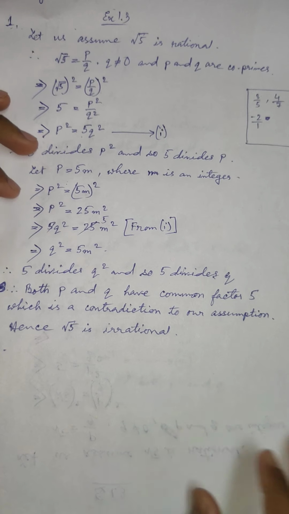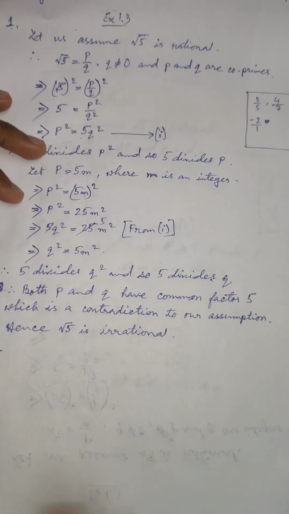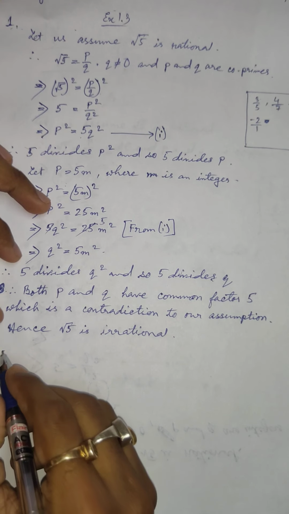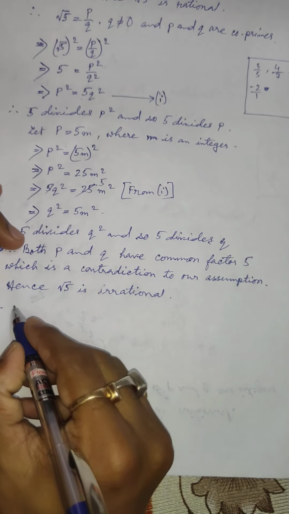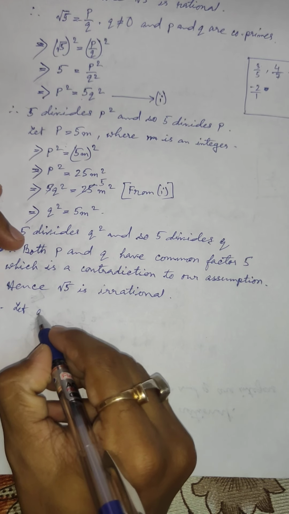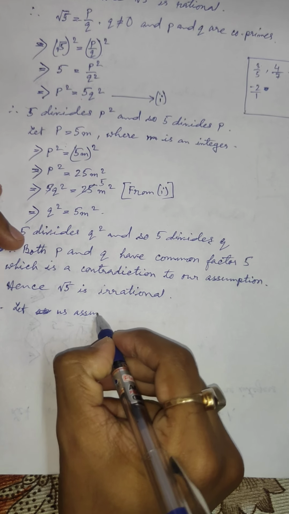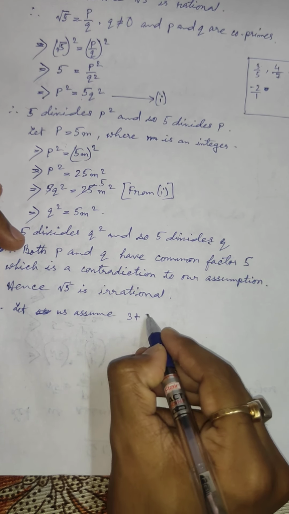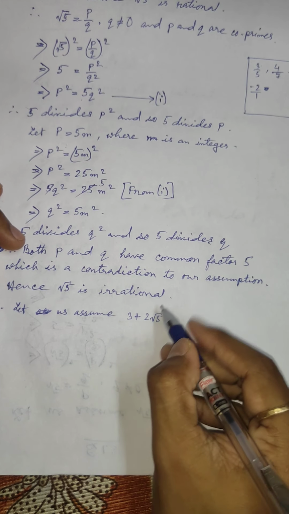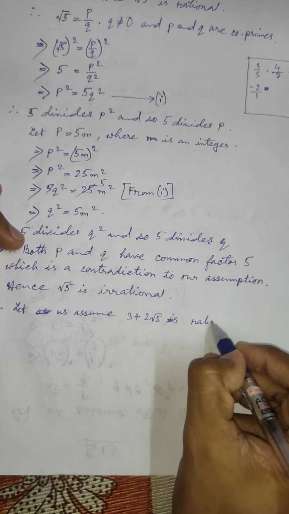Number 2, prove that 3 plus 2 root 5 is irrational. We can start as in number 1. Let us assume 3 plus 2 root 5 is rational.